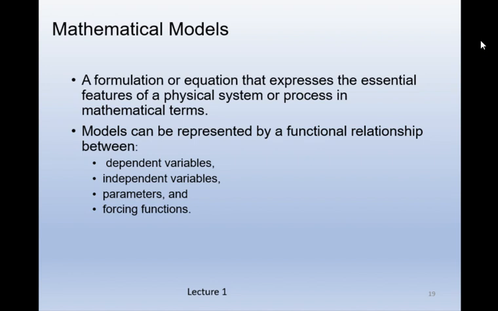Add, subtract, multiply, divide. This is called a forcing function. Okay. Clear? There is no equation without the forcing function. Okay. So all models, all equations have these four things. Okay. Dependent, independent, parameter, and function. Clear? Okay.